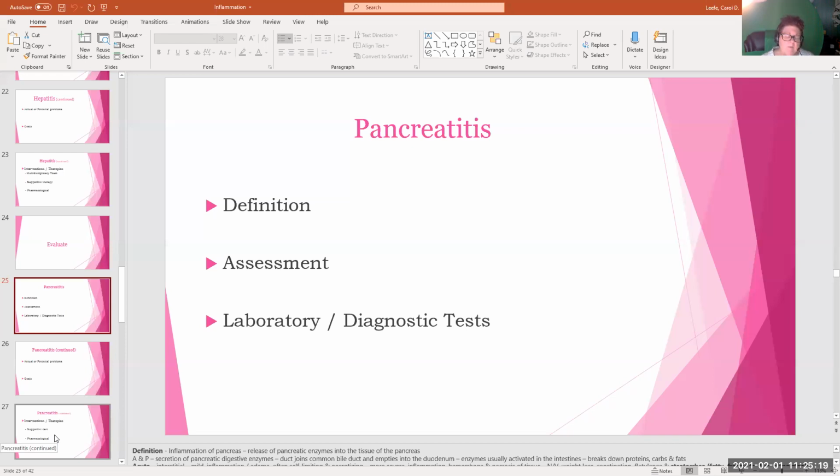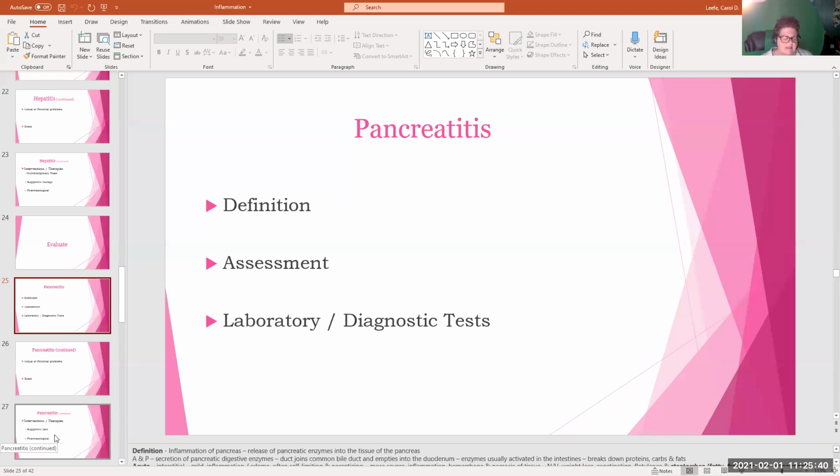And opioid addiction can be common due to frequent severe episodes of pain. Think about it. They're addicted to alcohol, which is 80% of the cases of pancreatitis. They can be addicted to the opioids as well.